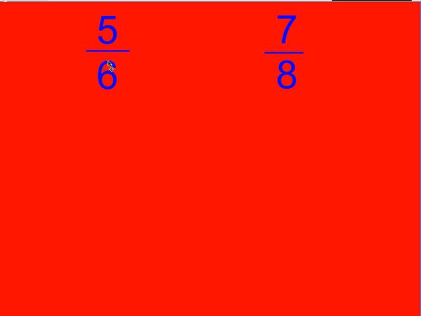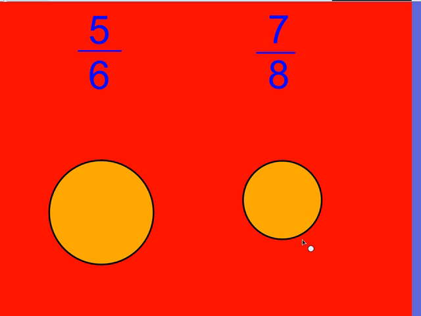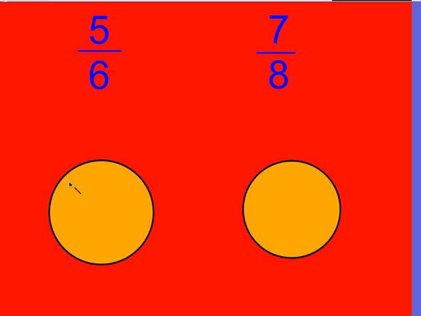I could cut a pizza into 6 parts, and if I did that, which one would I get more of? 5/6 or 7/8? So let's cut this into 6 equal parts. I don't know how equal my parts will be.